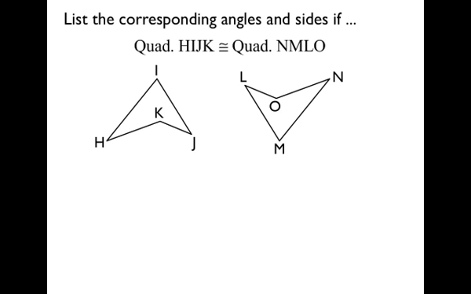If quadrilateral HIJK is congruent to quadrilateral NMLO, what matches up? Corresponding angles. Angle H, what goes with angle H?